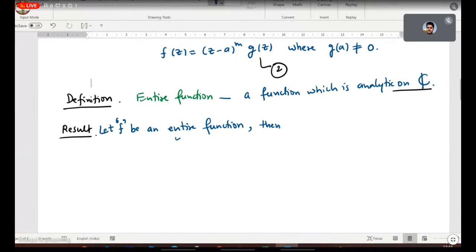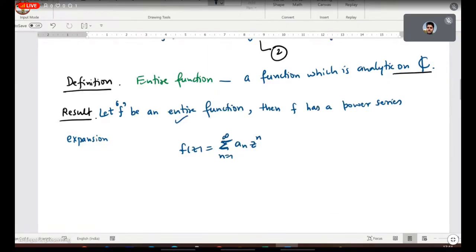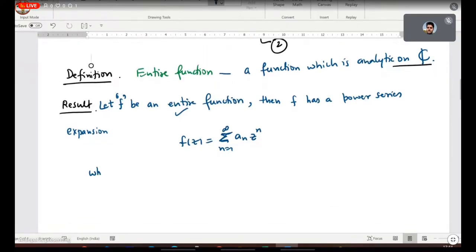Then if f is an entire function, then f has a power series expansion of this type, which I have already explained yesterday for analytic functions, with radius of convergence equal to... So class, what do you expect to be the radius of convergence of this series?